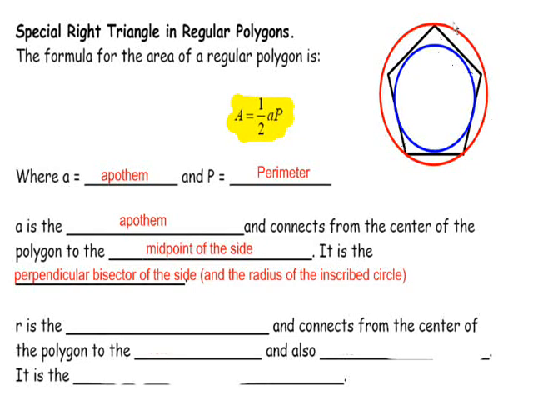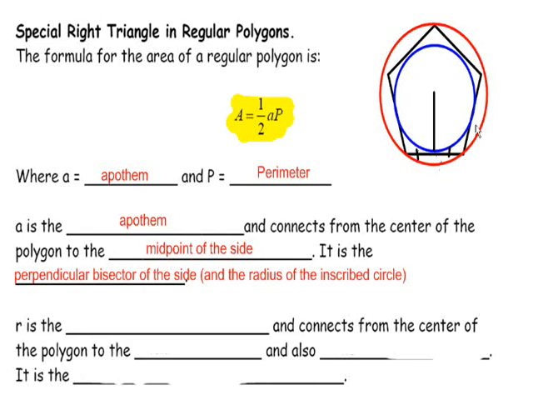So if you look at my pentagon up here, I've got an inscribed circle, which is blue, and then I've got a circumscribed circle, which is red. And my apothem would go from the center of both of these circles, because they both have the same center, to the midpoint of the side of the polygon, which means it divides it into 2 congruent parts.